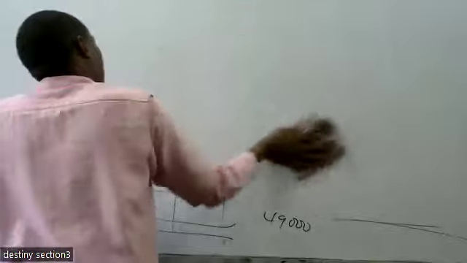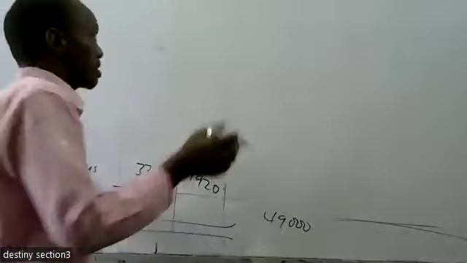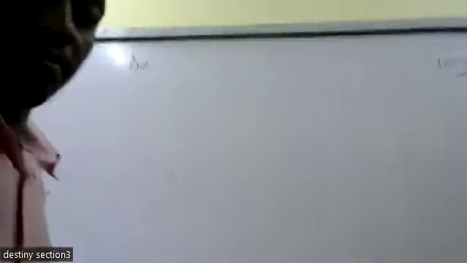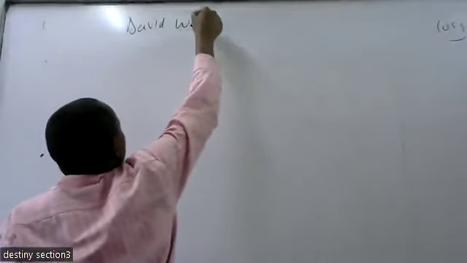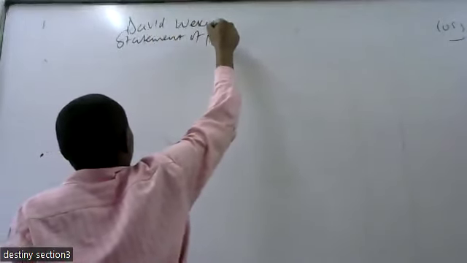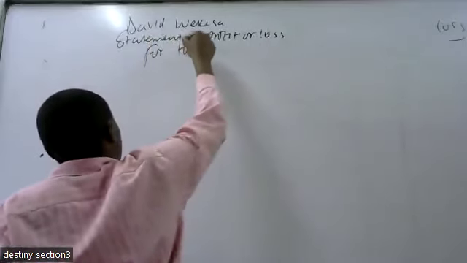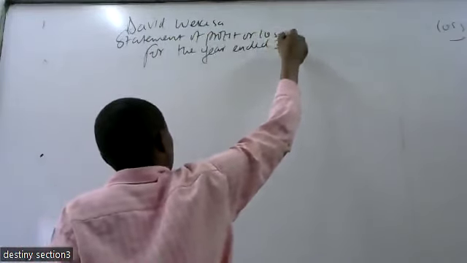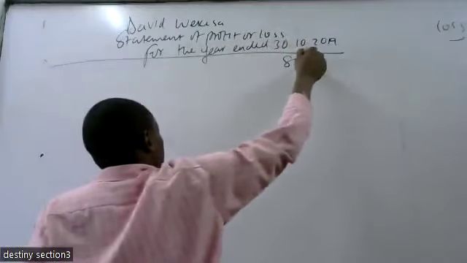David Wekesa, statement of profit or loss for the year ended 30th October 2019. Our figures are in thousands.